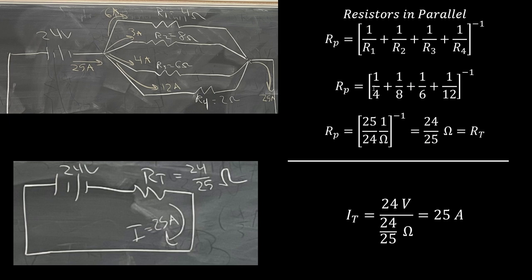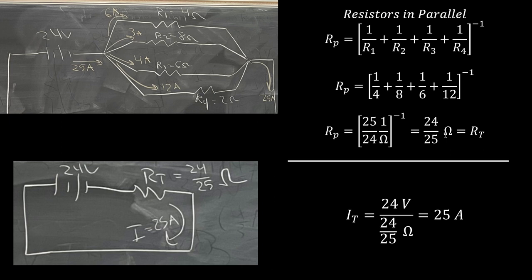Therefore, that would be 1 over 4 plus 1 over 8 plus 1 over 6 plus 1 over 2, which is 25 24ths inverse ohms. Raise that to -1. We have an equivalent circuit of our parallel paths simplified to 24 over 25 ohms.